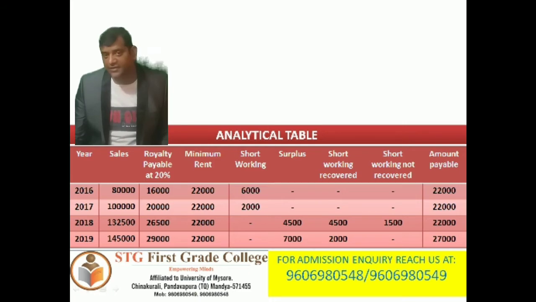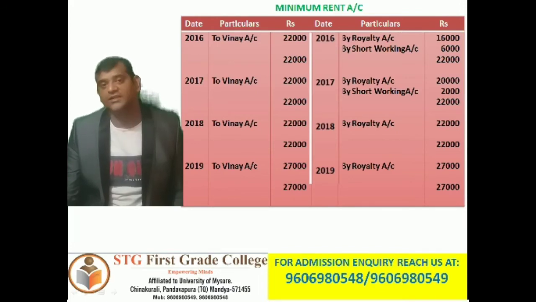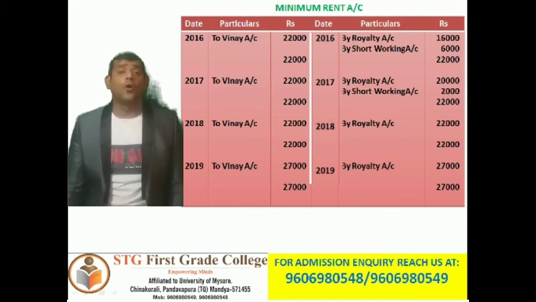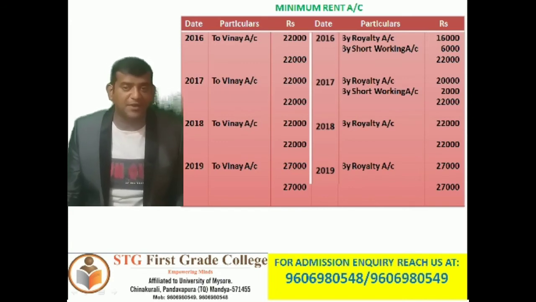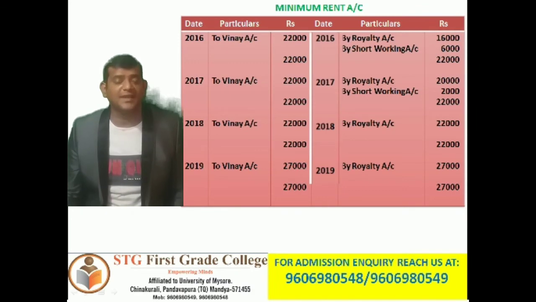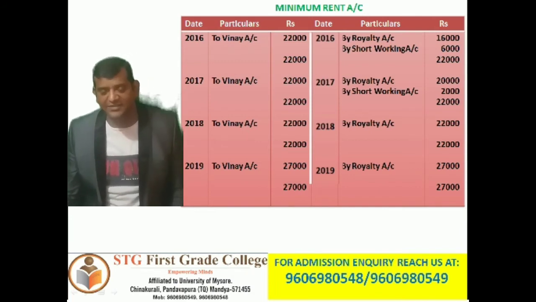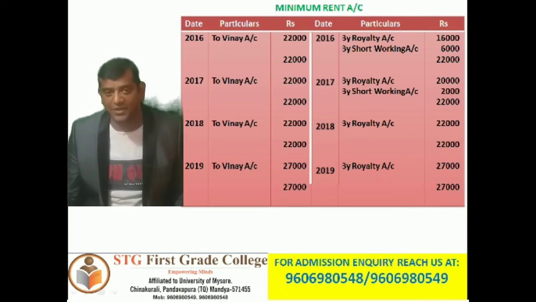So now let us open the ledger account, that is, the minimum rent account. Open the table with 6 columns: date, particulars, rupees, date, particulars, rupees. In the year 2016, to Vinai account 22,000; by royalty account 16,000, by short working account 6,000, both sides total 22,000.